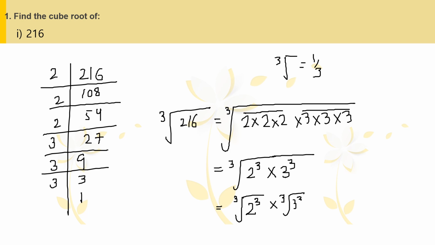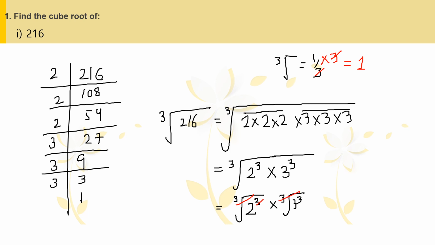Now what happens is this cube root cancels with 3 because, as I told you, cube root has the value 1 by 3, and when it is multiplied by 3, these two 3's cancel each other and you get 1. So this is how the cancellation happens here.